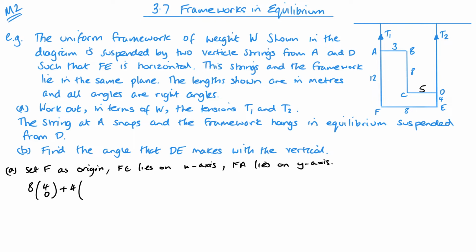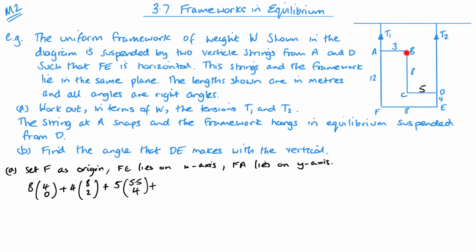Then we've got a length of 4, and that's going to be 8 across, 2 up. Then we have a length of 5. Now for the 5, this is 3, and halfway along there is 2.5. So 3 and 2.5 is going to be 5.5, and of course it's 4 up.